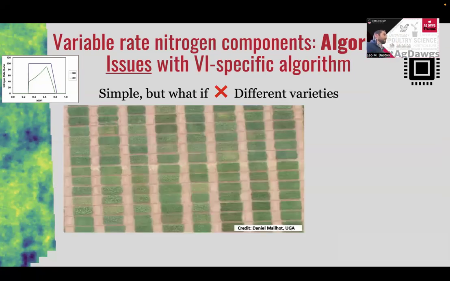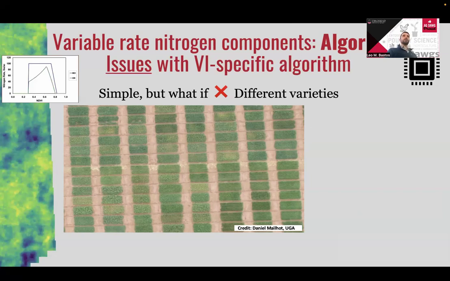The other point that we talked about here is what if I have different varieties in my field? Let's say you're a grower growing two different types of hybrids of corn, and they look different to a sensor, like here. This is data from a drone flight over the corn variety trials that are run by Daniel Mailhot here at UGA. I hope you can tell on this image that we have different looking corn that has nothing to do with nutrition.